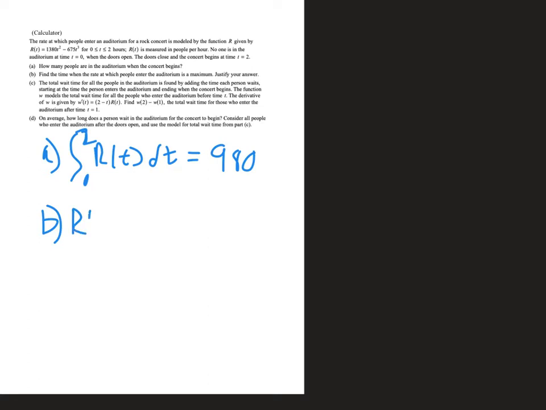So r prime of t is a little power rule here: 2760t minus 2025t squared, if you do your power rule.